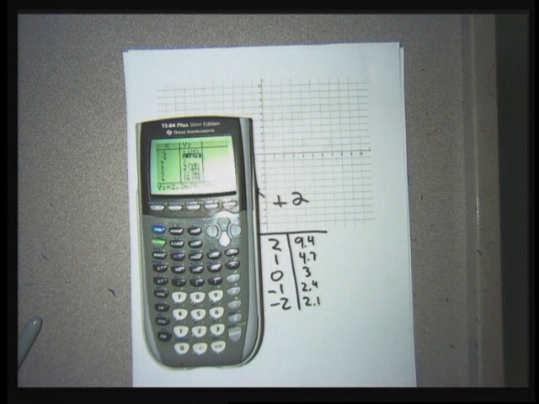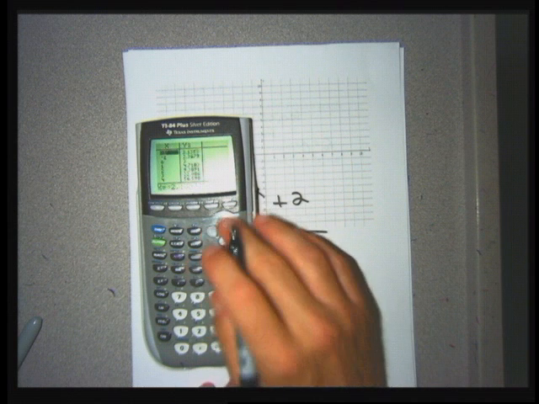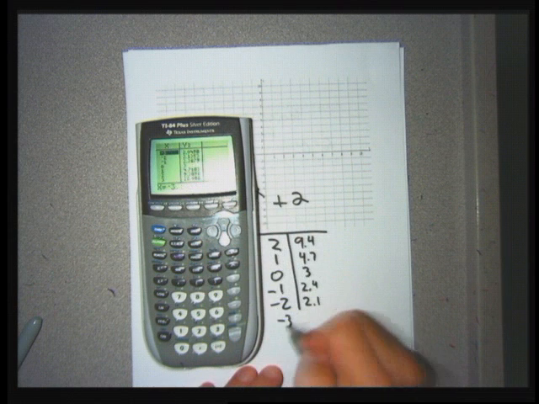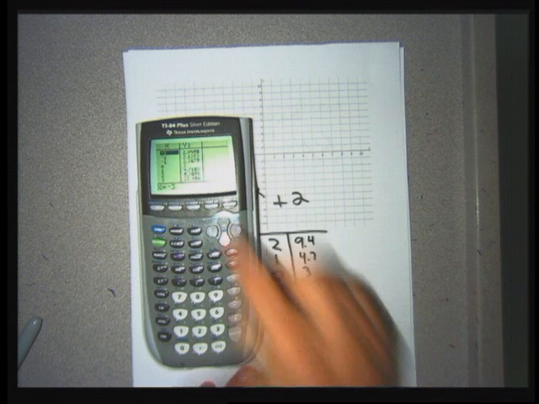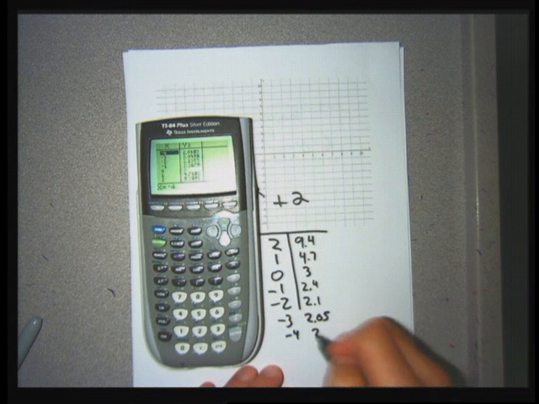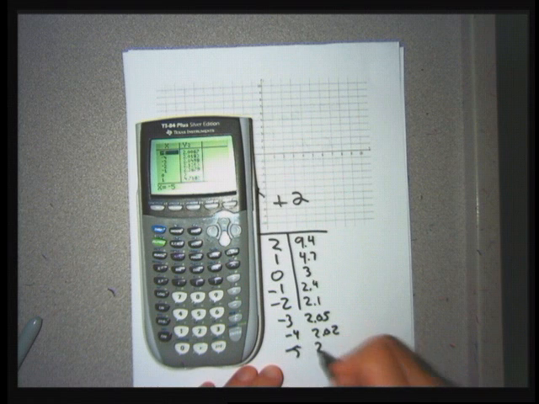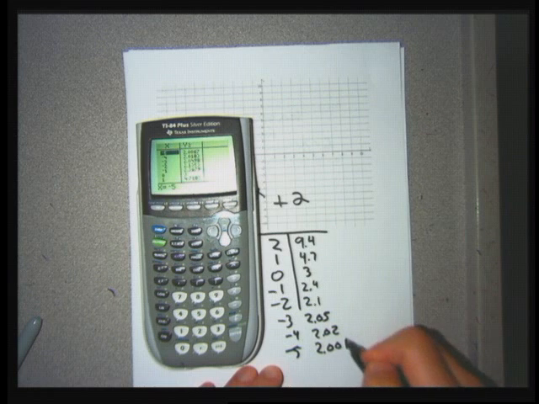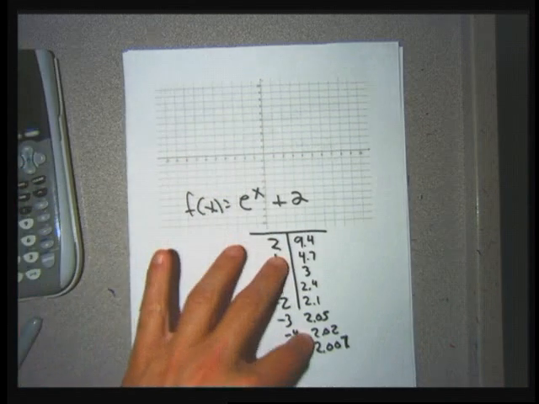Plot those points. And the next point, for what it's worth, at negative 3, would have been 2.05. At negative 4, it'd be 2.02. At negative 5, it would be 2.001. So if you look, the y's are always bigger than 2.